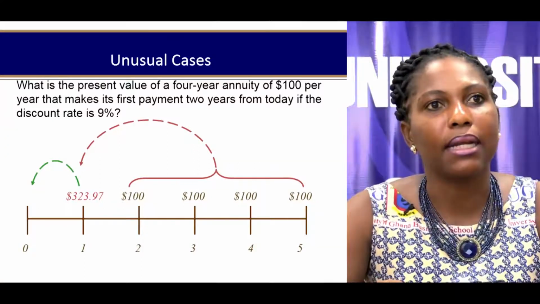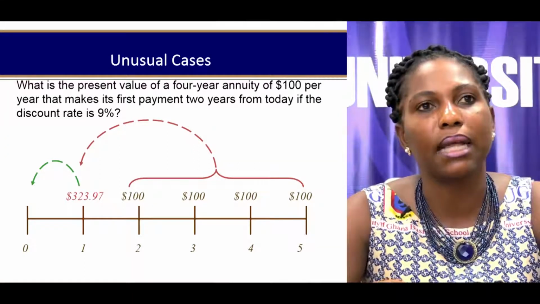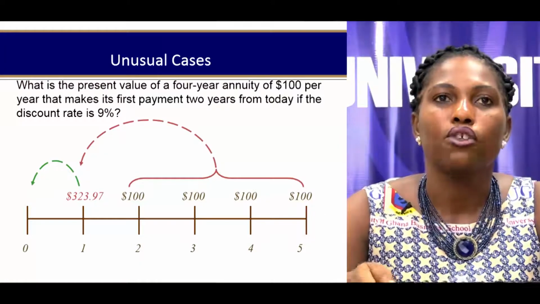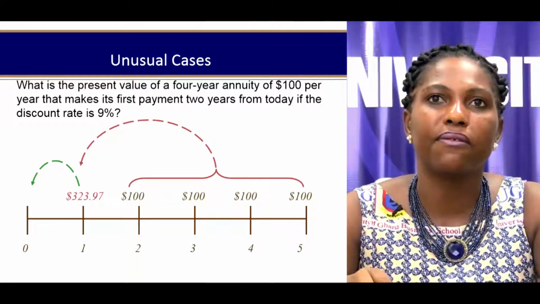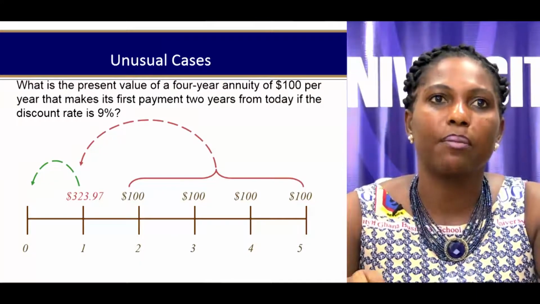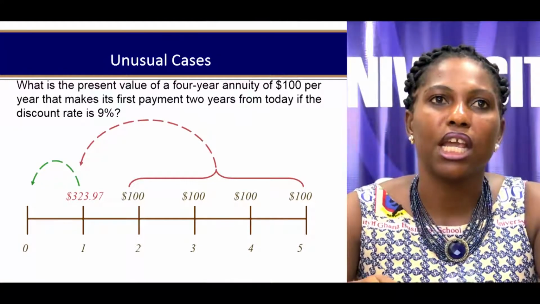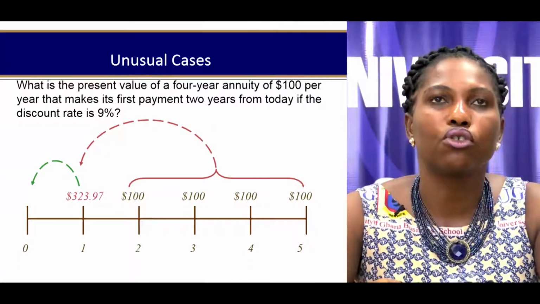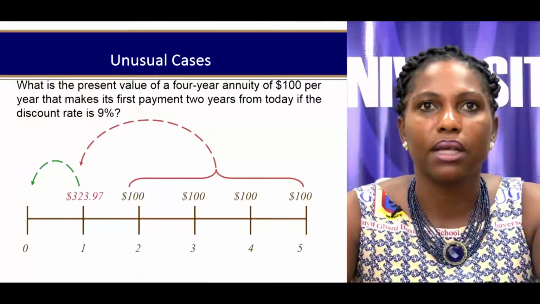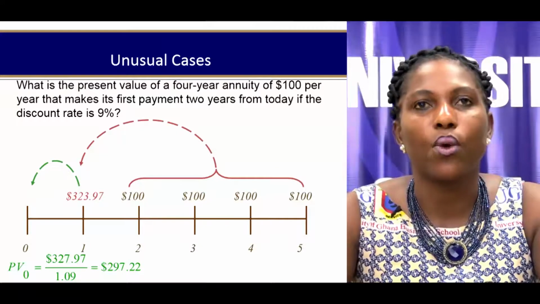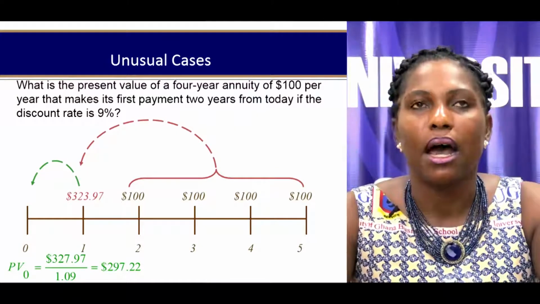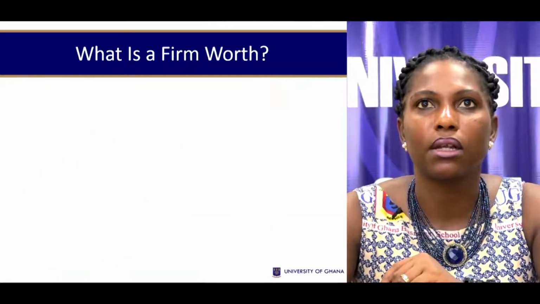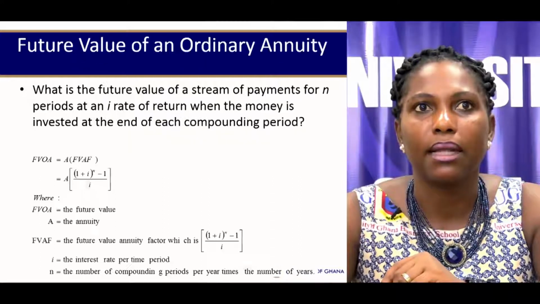So if you look at this timeline, the payment is not starting 1 period from today, but it's starting 2 periods from today. So when you apply the standard annuity formula, it rolls back the payment to this point, in which case you need to roll it back one more step to be able to arrive at the present value. So that is one way you can apply it for unusual cases where the payments do not necessarily follow the right pattern.